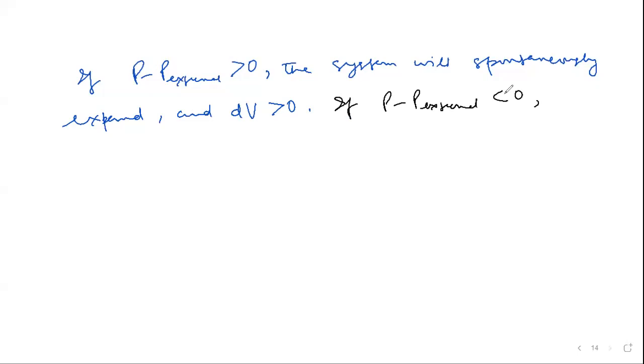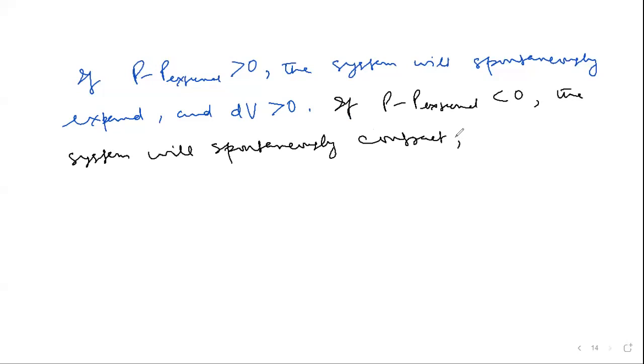The system will spontaneously contract. When it contracts, change in volume will be negative. That is, dV is less than 0.